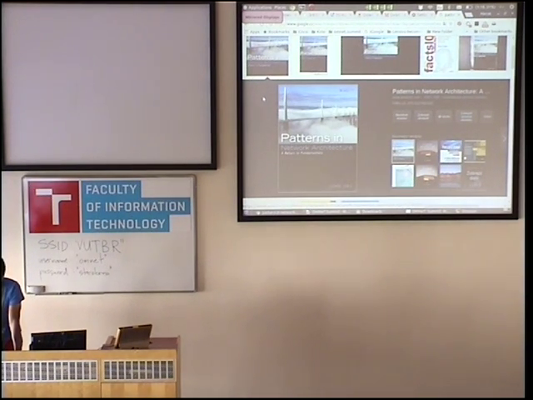Read this book, Patterns in Network Architecture, by John Day. He is a guy who worked on the ARPANET since the beginning, and he was one of the founding chairmen of ISO standardization. He has a lot of stories about how the standardization efforts went really badly and ended up creating something worse, like when there was a chance to make a bad decision, that decision was taken.